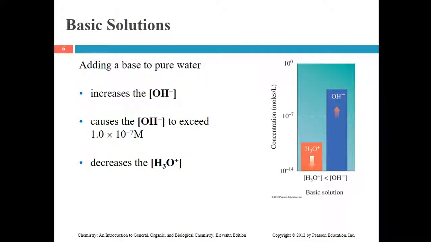If we were to add a base to pure water, we're going to have more of the OH ions, those hydroxide ions, which is going to decrease the hydronium ion concentration. It causes the hydroxide concentration to get bigger, like 10 to the negative 6 or negative 5 or negative 4. So in a base solution, we're going to have more hydroxide ion than hydronium ion concentration.